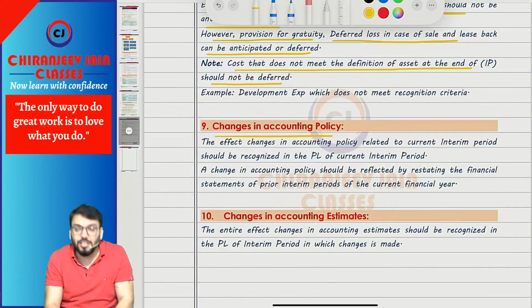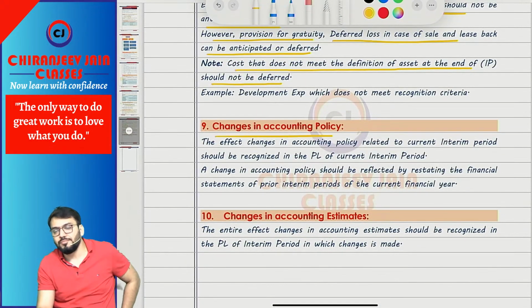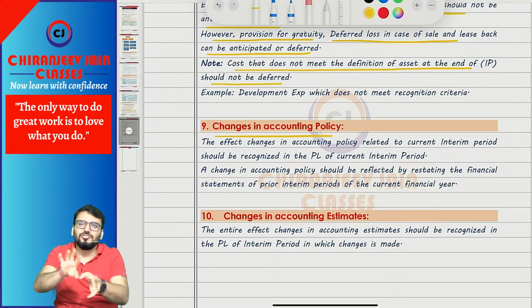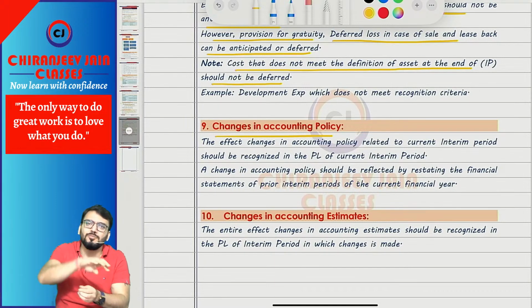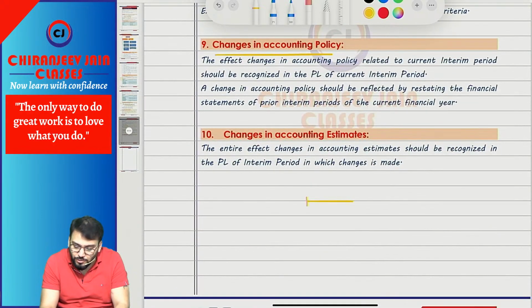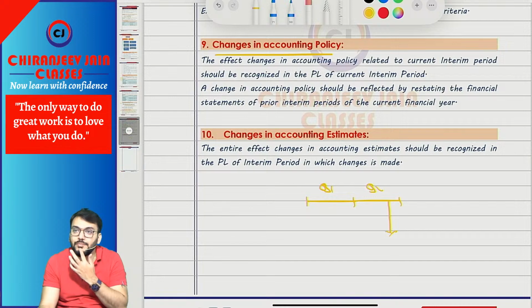Then changes in accounting policy. Whenever there is a change in accounting policy in a particular quarter, we know that we apply it with retrospective effect. I'll give an example. Suppose this is quarter 1, this is quarter 2, and we have made a change in accounting policy in quarter 2.